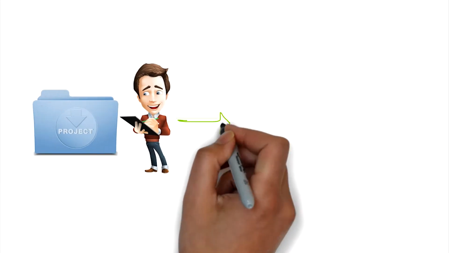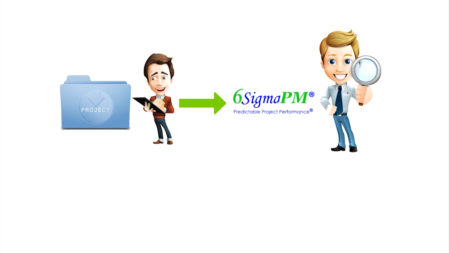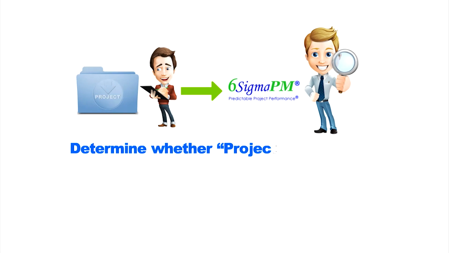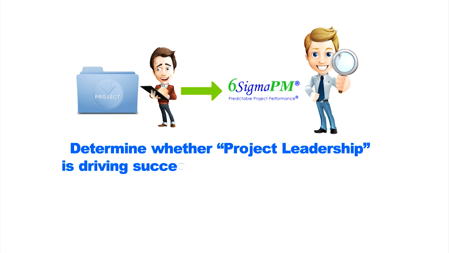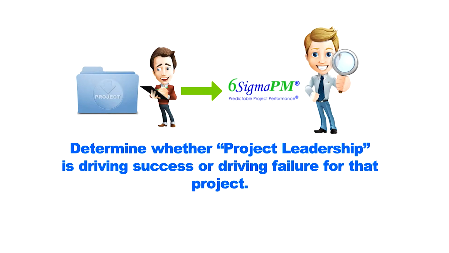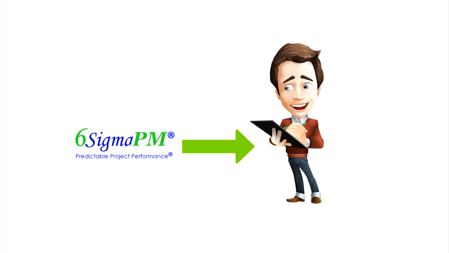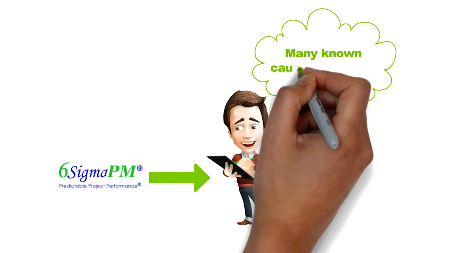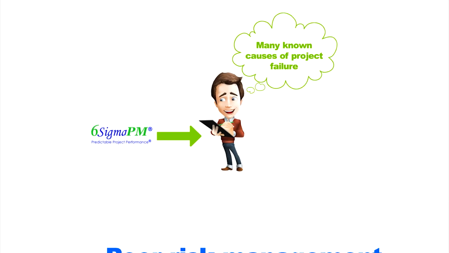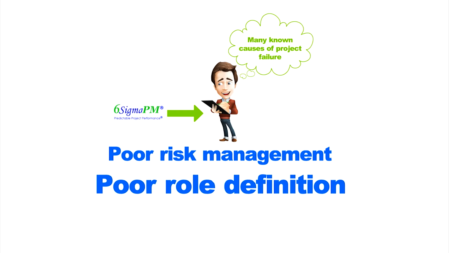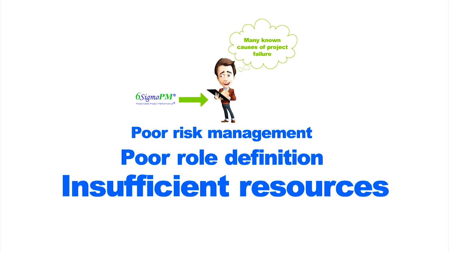For each project, team members take this leadership questionnaire and 6 Sigma PM analyzes their responses to determine whether project leadership is driving success or driving failure for that project. 6 Sigma PM has created similar questionnaires for the many other known causes of project failure, including poor risk management, poor role definition, and insufficient resources.